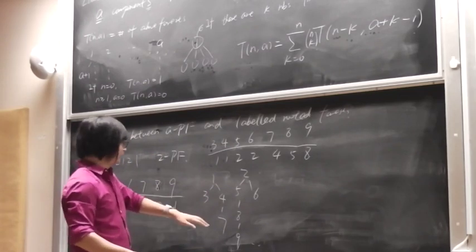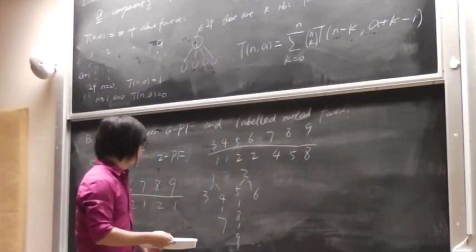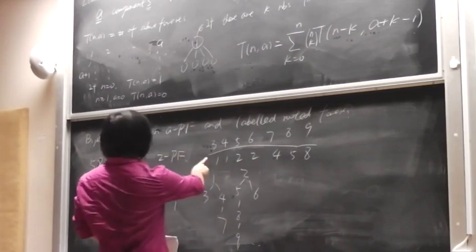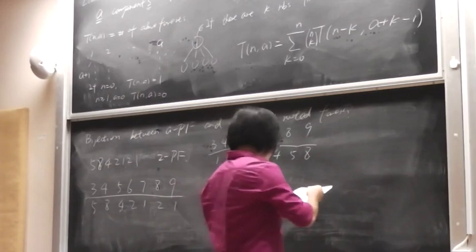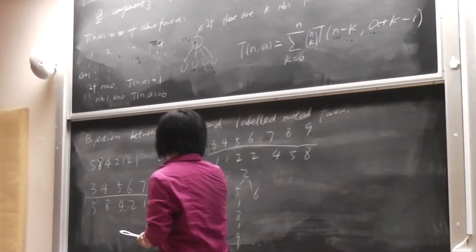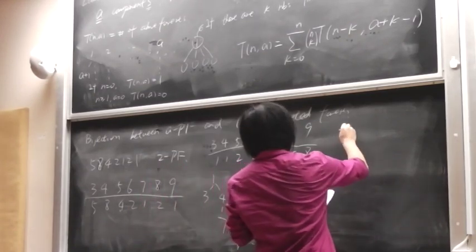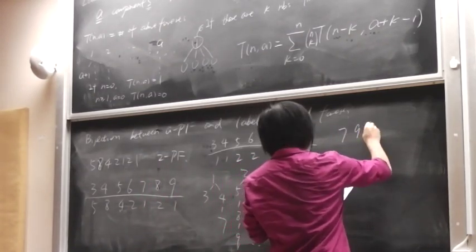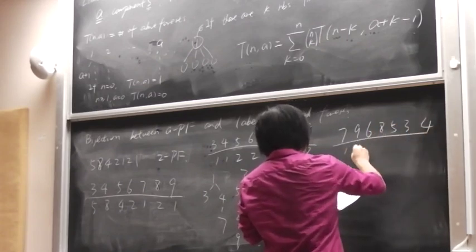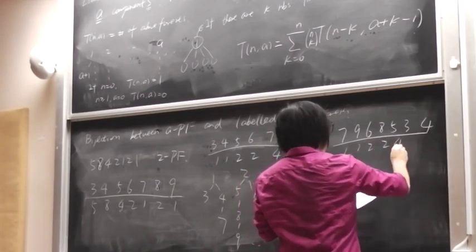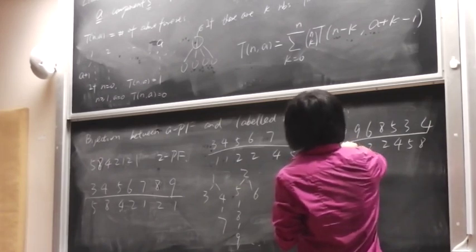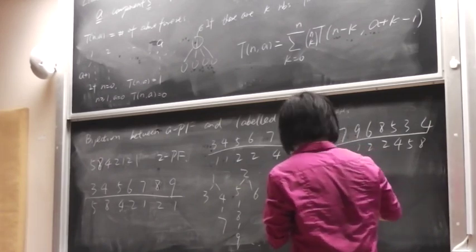So you can see the parent of 7 is 4, the parent of 8 is 5. But this is not the original parking function. So let's sort this one according to the second line. If two elements in the second line are the same, then we always write the smaller one first. So 7 is before 9.